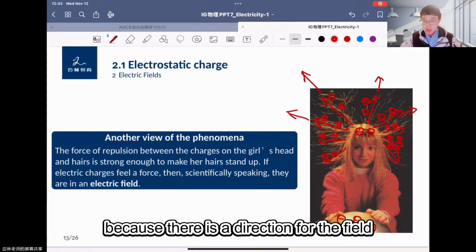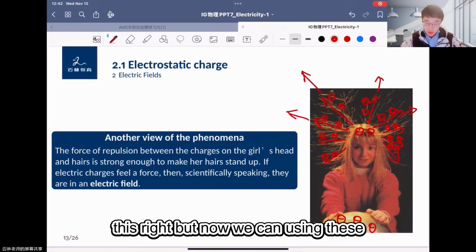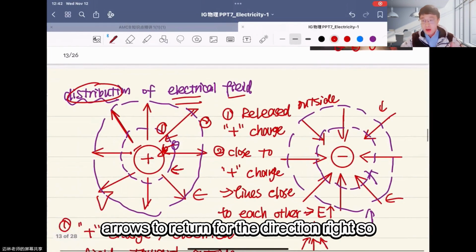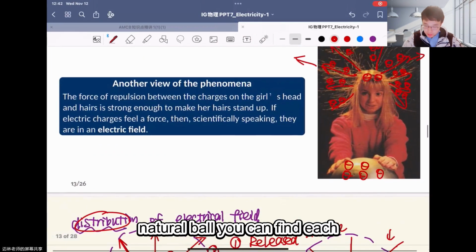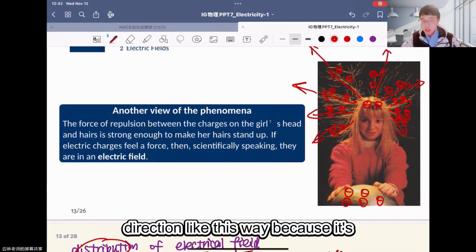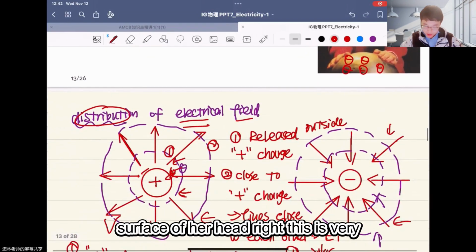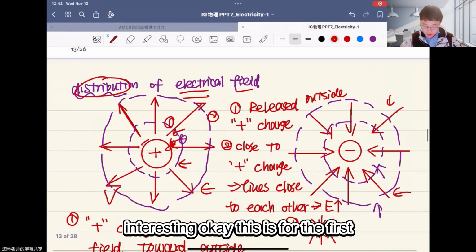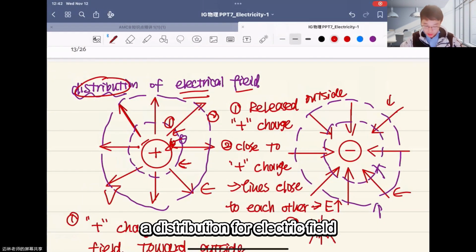That is because there is a direction for the field; we can feel it but we cannot describe it. So now we can use these arrows to represent the direction. Each ray moves in this direction because it is perpendicular to the surface of her head. This is very interesting. This is the first property. You have to remember that this is the distribution for electric field.